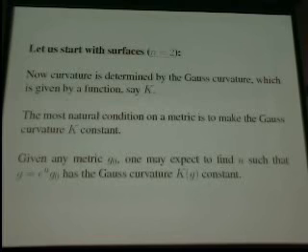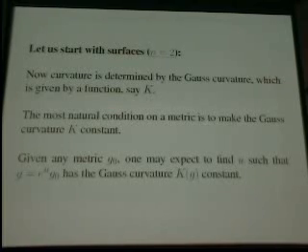Since we want to make the curvature a constant, of course there are many metrics, just like you have many matrix valued functions. So we need a way of doing that. One natural way in dimension 2, given any metric, is to change the metric in such a way, a so-called conformal change, so that the resulting metric has constant Gauss curvature.